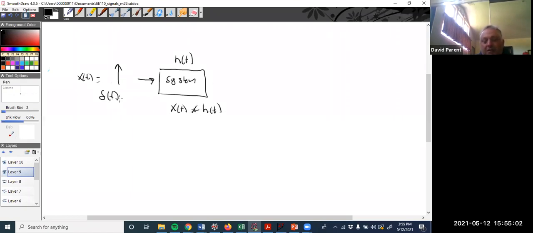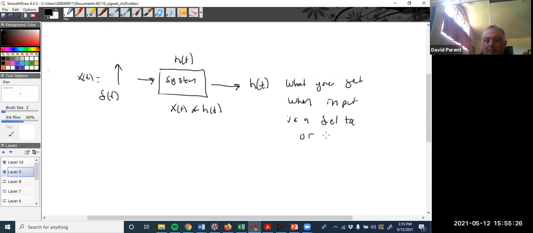So I have a delta function coming in, I have h(t), I'm convolving, and anything convolved with a delta is in fact your original thing, and it's what you get when you input a delta function, otherwise known as an impulse.